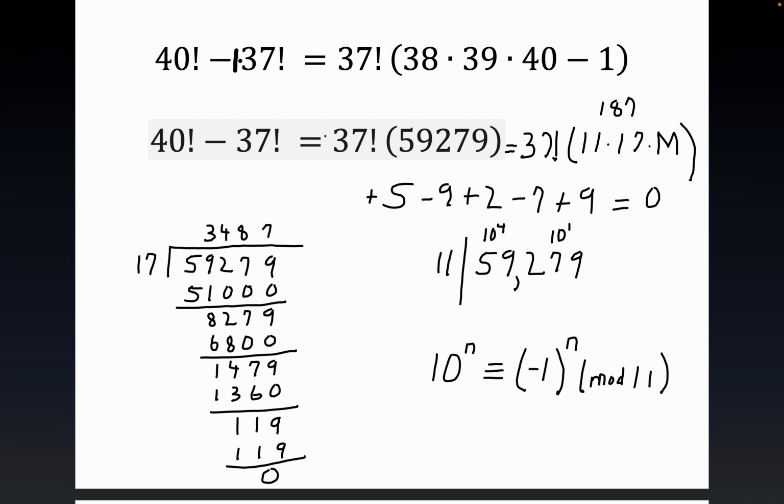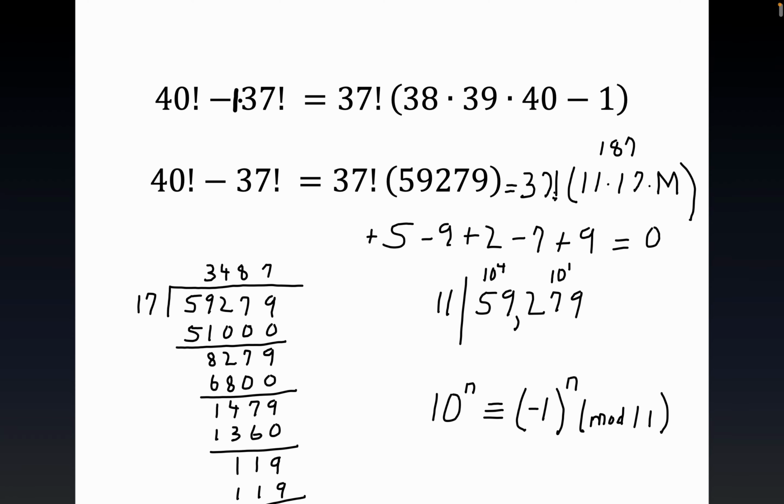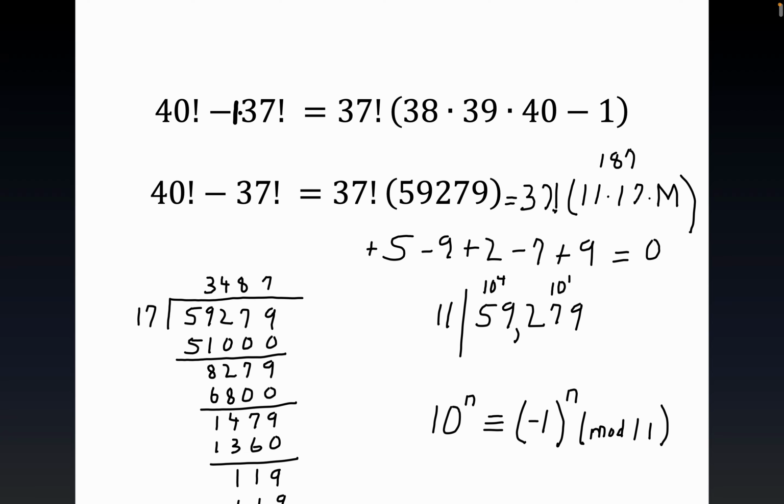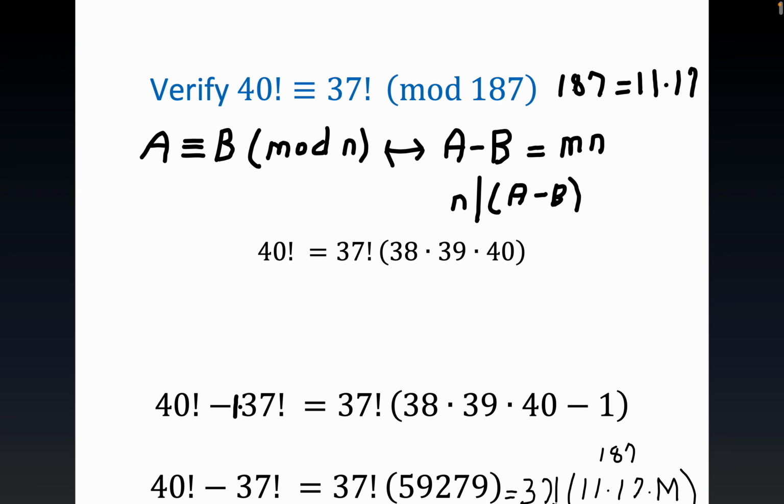So we've written the difference of 40 factorial and 37 factorial as a multiple of 187, which is what we have to do right here. In other words, this is exactly this statement right here. n is 187 for this particular problem, right?